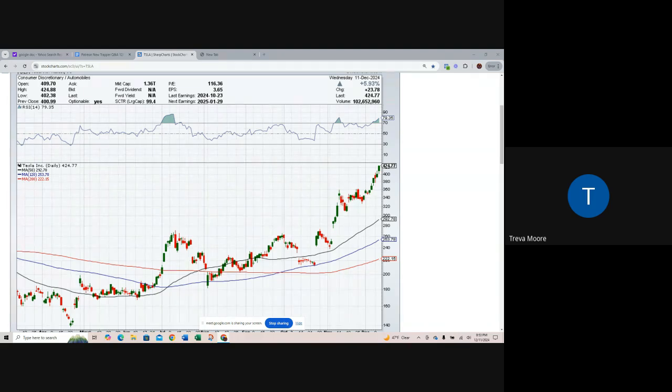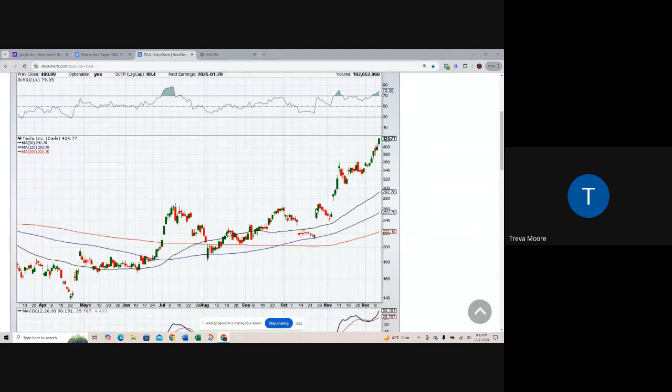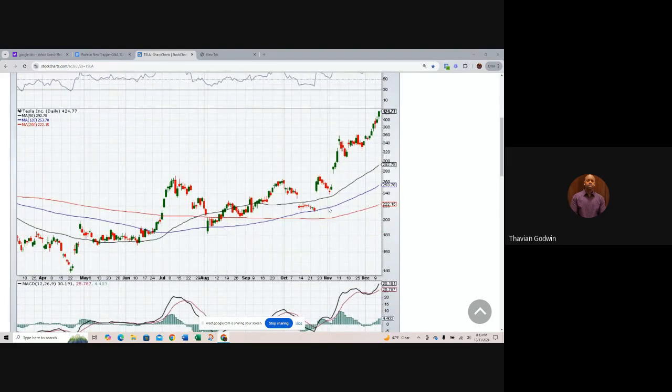How do you determine that a particular stock is a mover or a runner? Are you using stock charting? I'm trying to learn that. Do you see my screen right now?